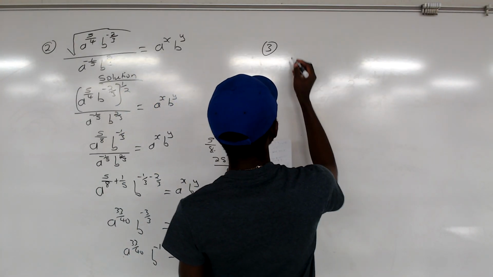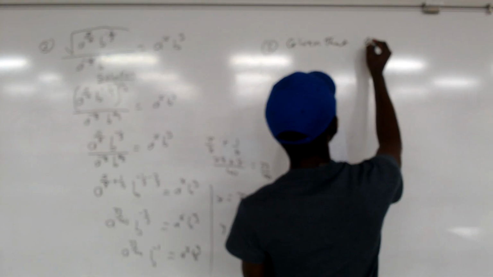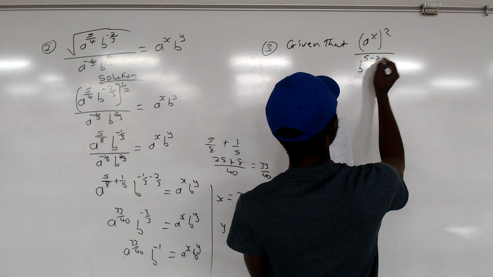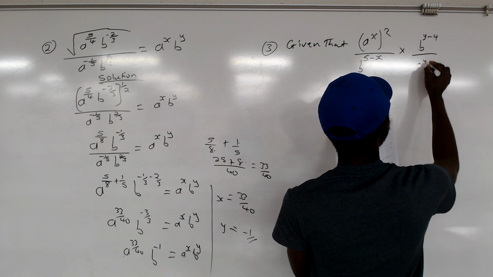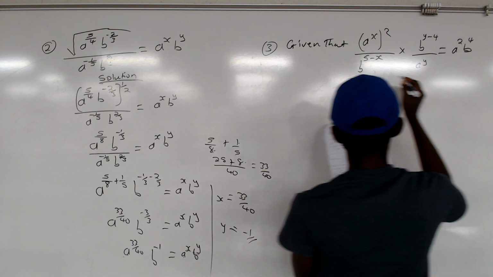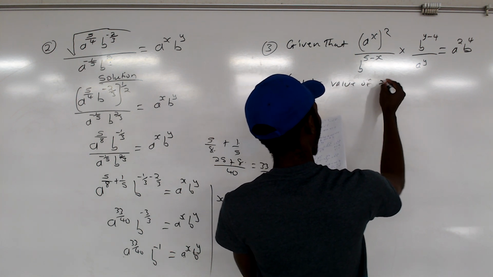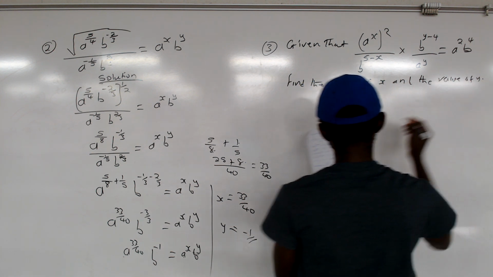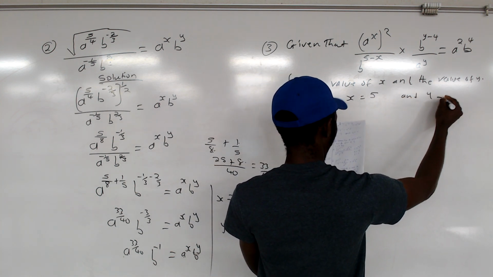Question 3 says: given that a raised to the power x, all squared, divided by b raised to the power 5 minus x, times b raised to the power y minus 4, divided by a raised to the power y, all equals a squared b raised to the power 4, find the value of x and the value of y. The answers for this question are x is 5 and y is 8.